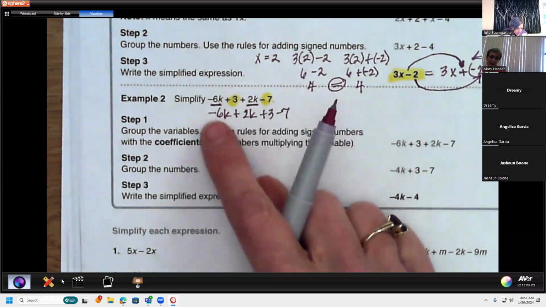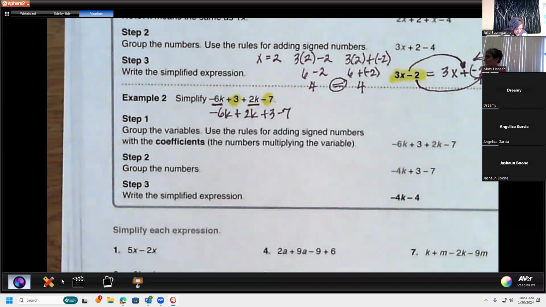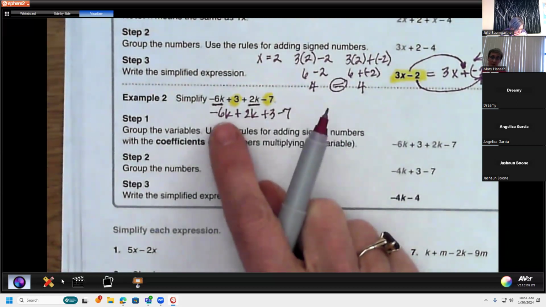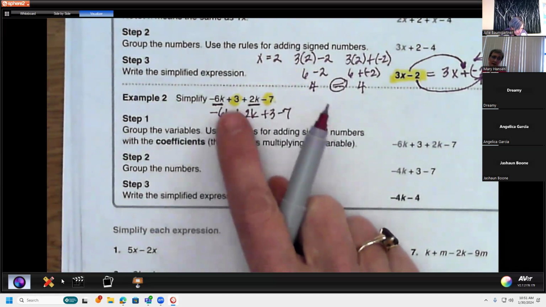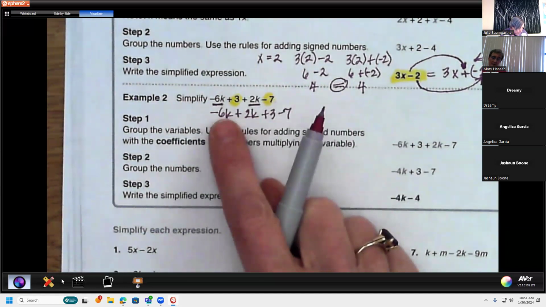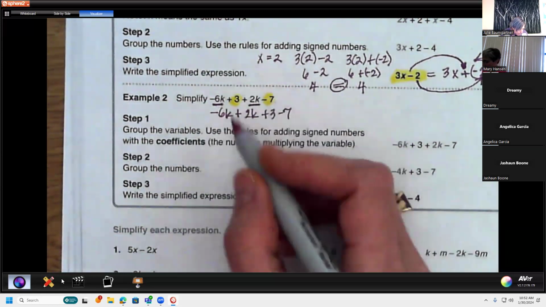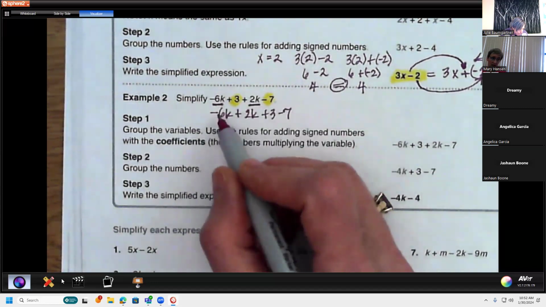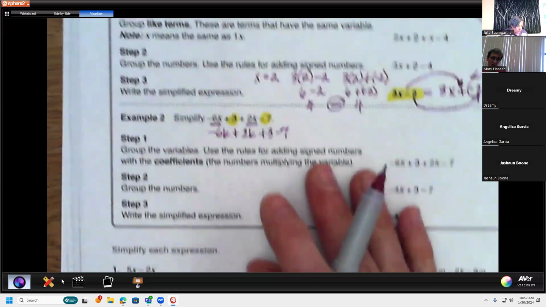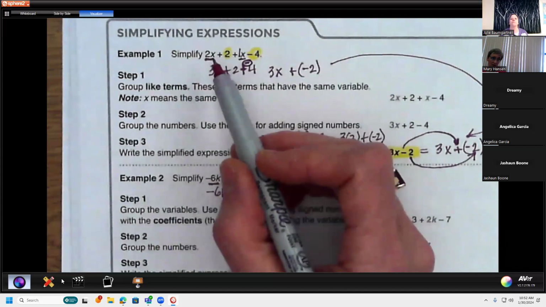So this is where the algebra starts to veer off from the real world in terms of hamburgers, but it's the same idea. I have k things, negative 6k things and 2k things, and I'm going to combine them together.